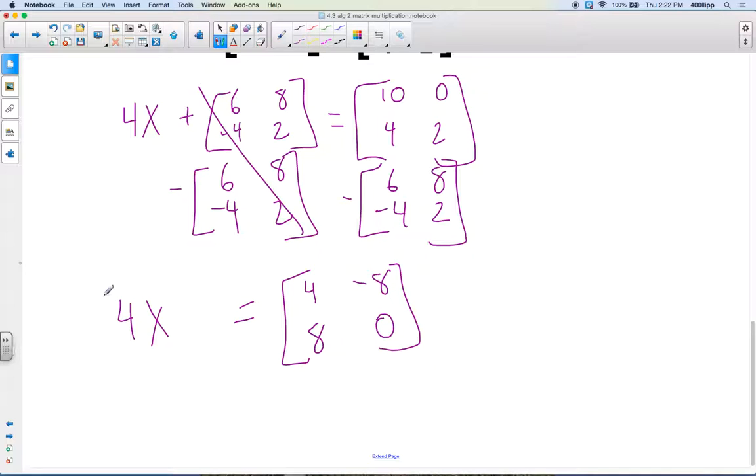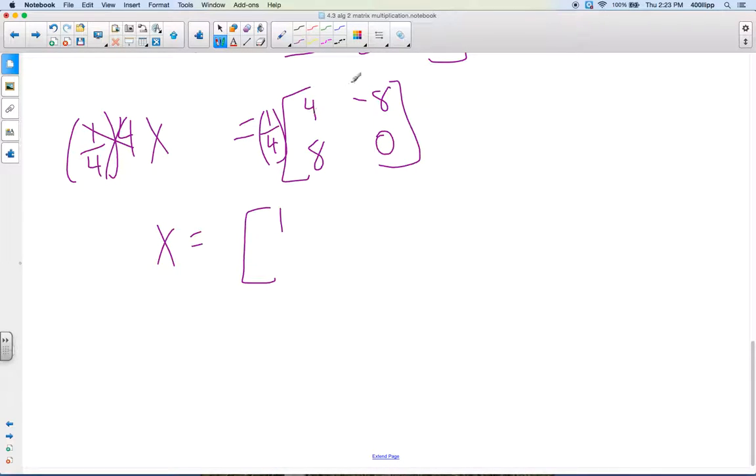Okay, and then multiplying both sides here by our reciprocal, which is 1/4, we will cancel that out, and therefore x will be equal to, I'm going to multiply this 1/4 to everything. So 1/4 of 4 will be a 1. 1/4 of negative 8, or negative 8 over 4, is a negative 2. 8 over 4 is a 2, and 0 divided by anything is 0.